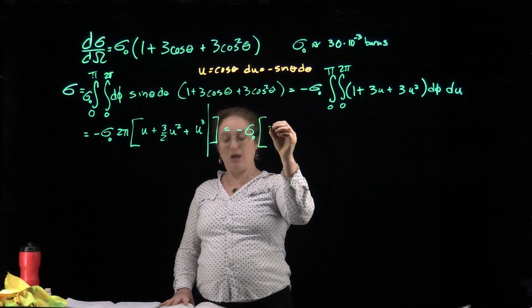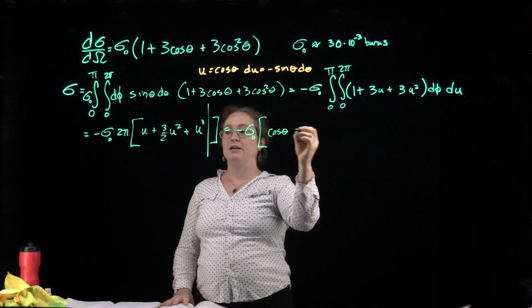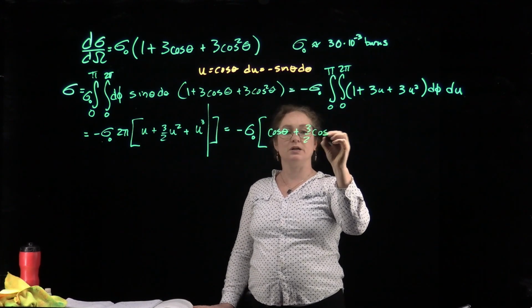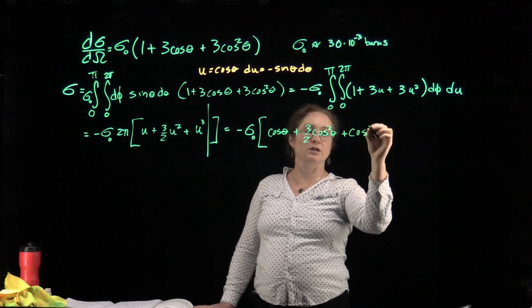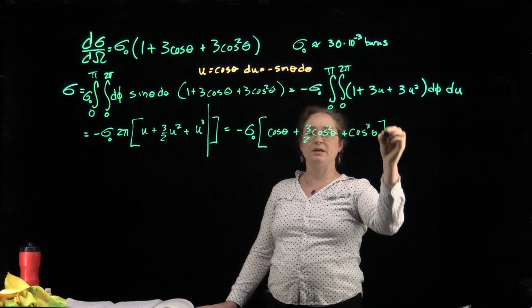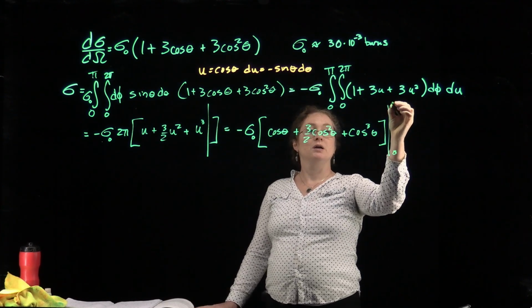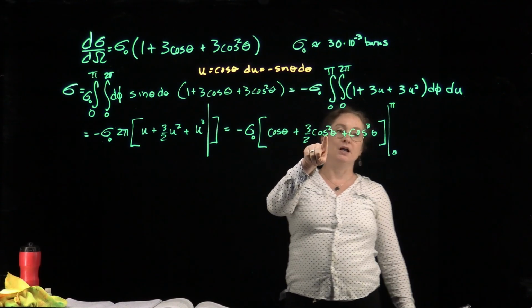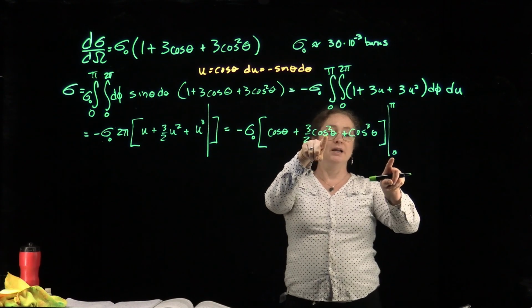And here I have cosine theta plus 3 halves cosine squared theta plus cosine cubed theta. And then I'm going to evaluate it from 0 to pi. Now, when I square it, on this term, I have a negative 1 squared minus 1.